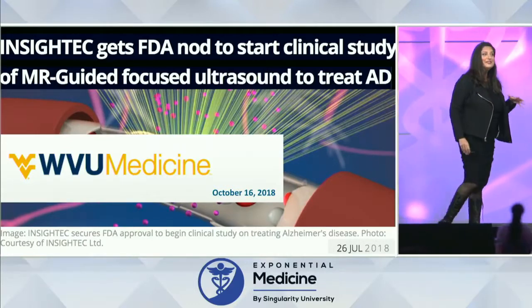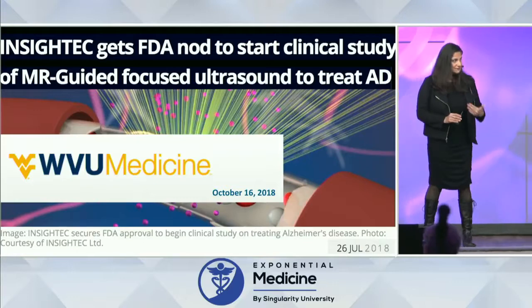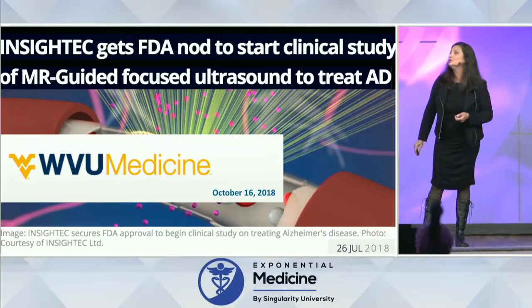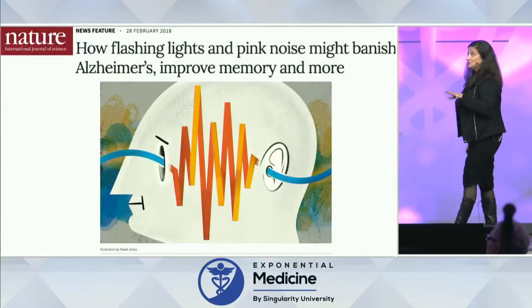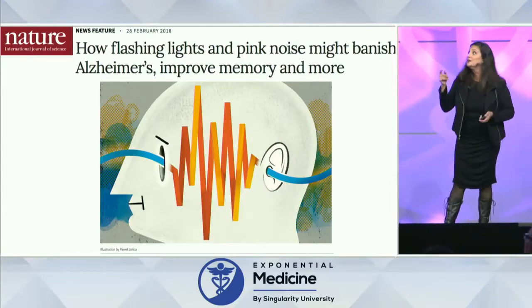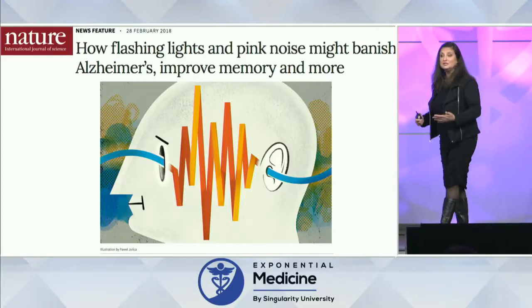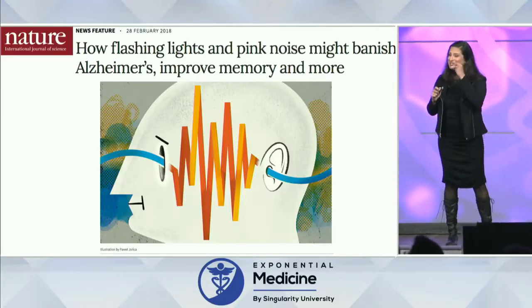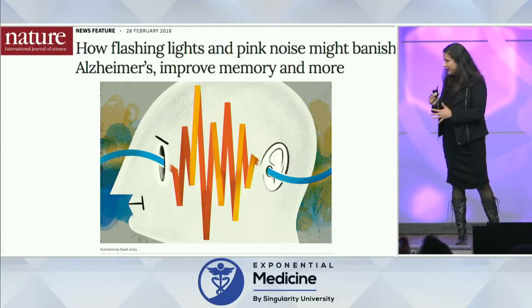Here's another really interesting application of non-invasive technology to treat Alzheimer's. This was also published this year. And this comes out of MIT from Dr. Tsai's lab. They had originally used optogenetics to try to dissolve Alzheimer's beta amyloid plaques in mice. What they found is they not only could dissolve those plaques, but they improved their performance on learning and memory tasks. But we have an aging population.